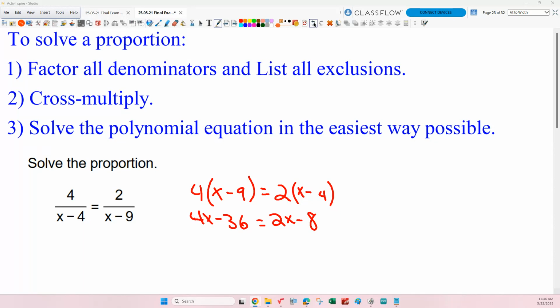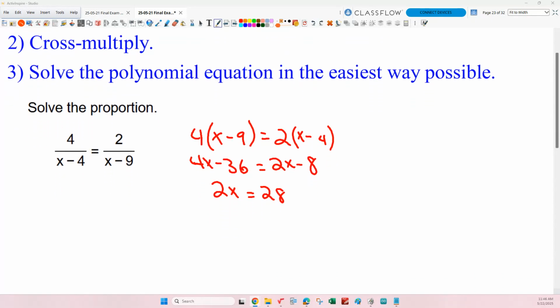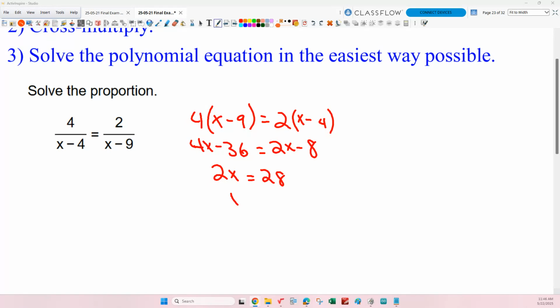Move the x's to the left, so I'd get 2x equals 28. Add 36 to both sides. So then x equals 14. And if we look, is that solution valid? Yeah. Okay. We good with proportions?